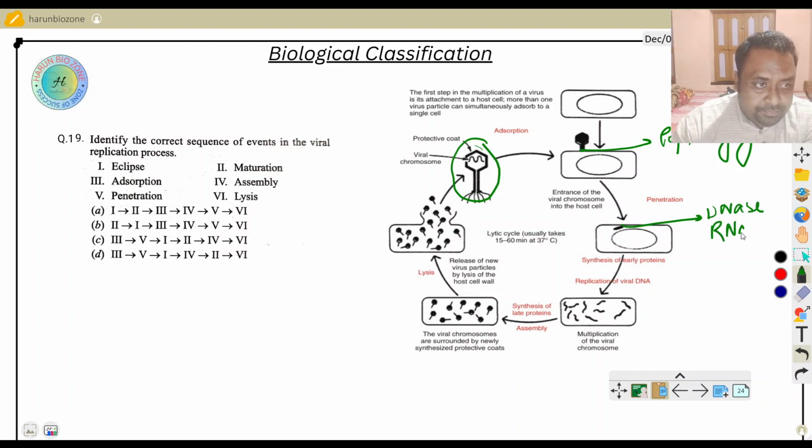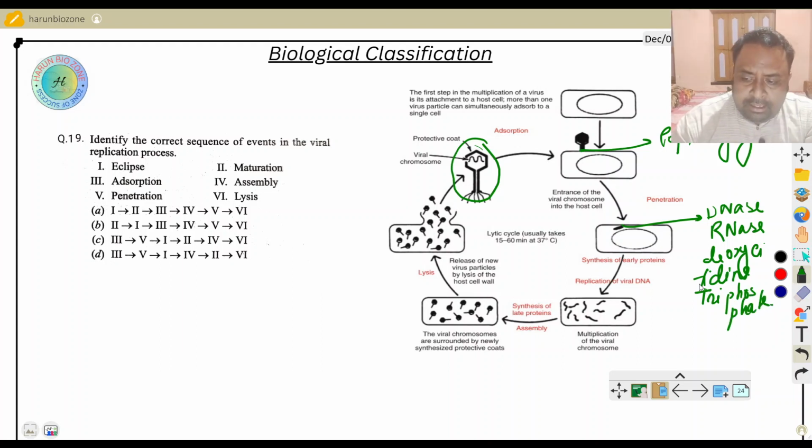and viral DNA polymerase. What is the function of these enzymes?